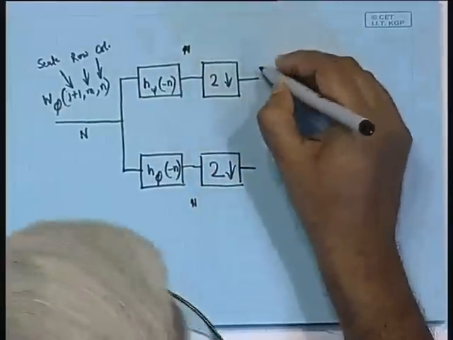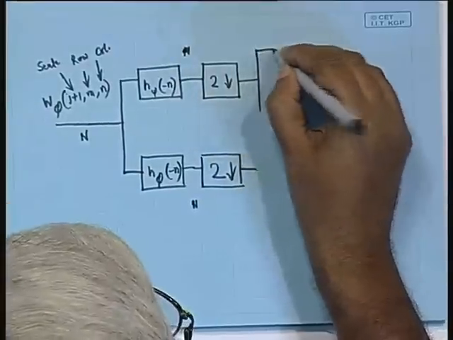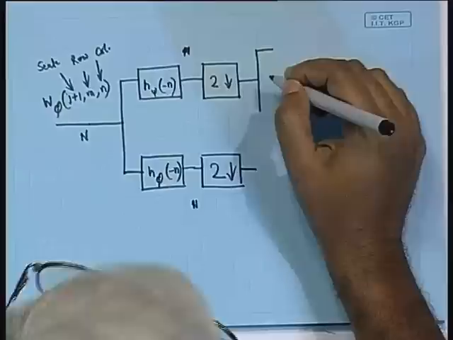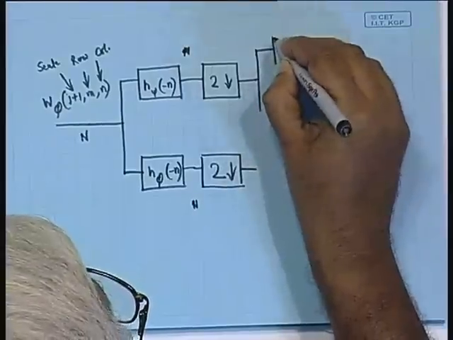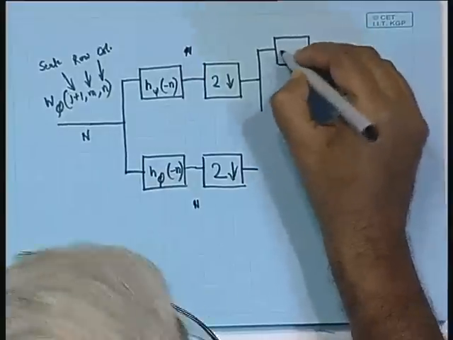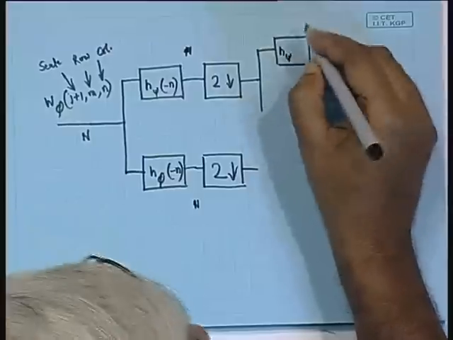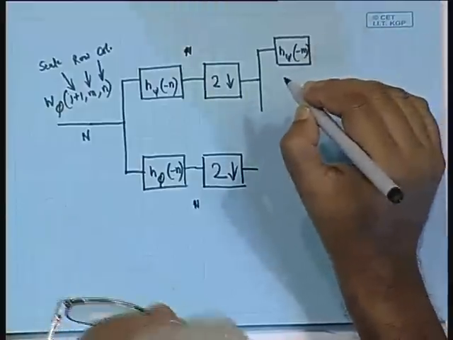Now, once you subsample this along the columns, you can apply the one dimensional filters along the rows. So, this signal you can split into 2 other bands. One band you call H psi of minus m.